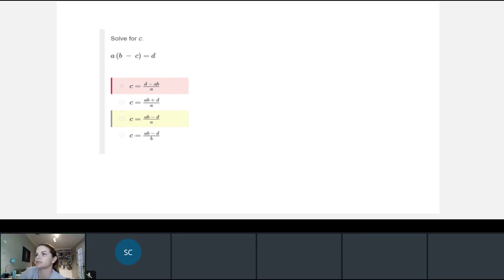Good question. All right, so this one, we're going to solve for C. The tricky part about this one is that this A is next to C, so A is going to have to multiply these out first before we can solve for C. So we're going to have A times B minus A times C equals D. This is a tough one too.